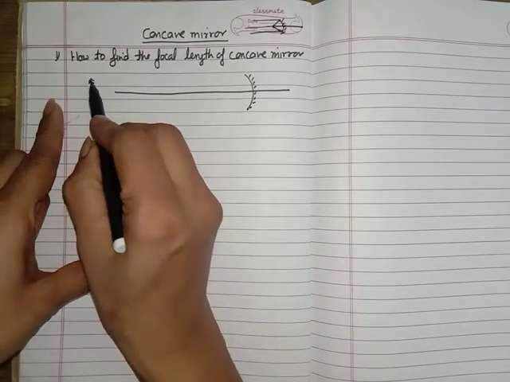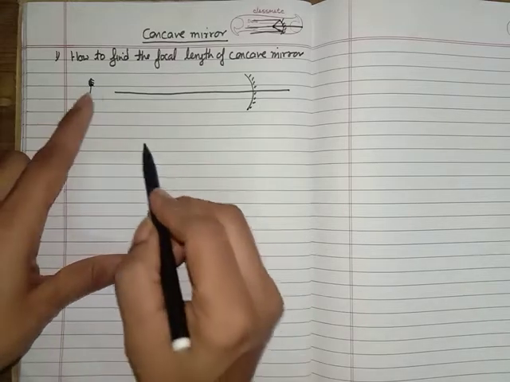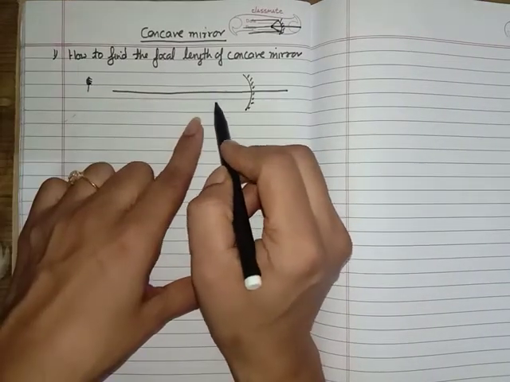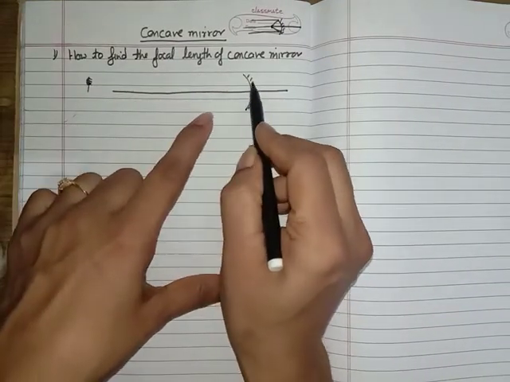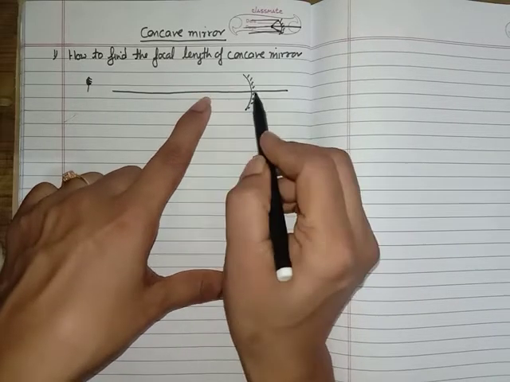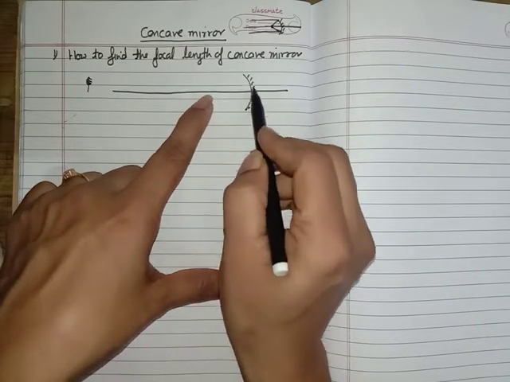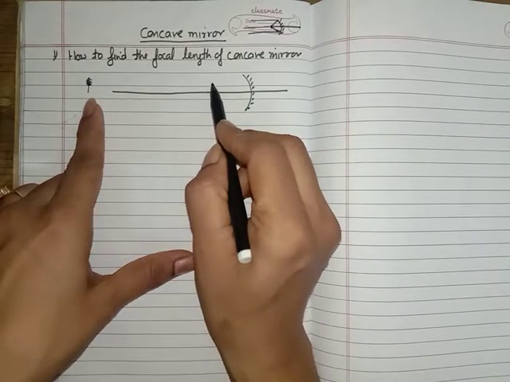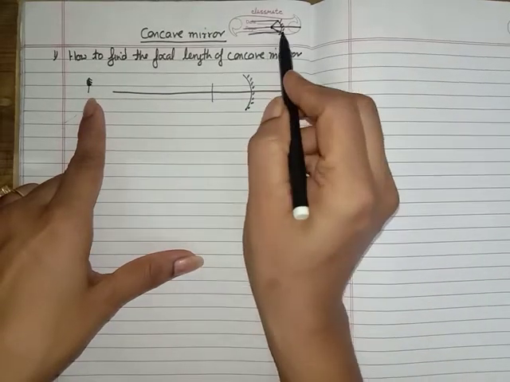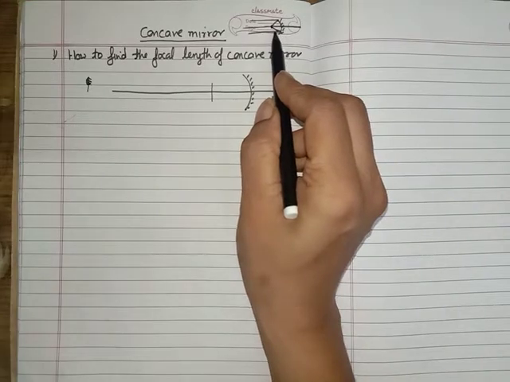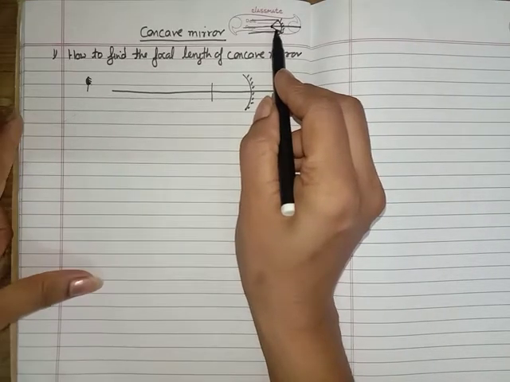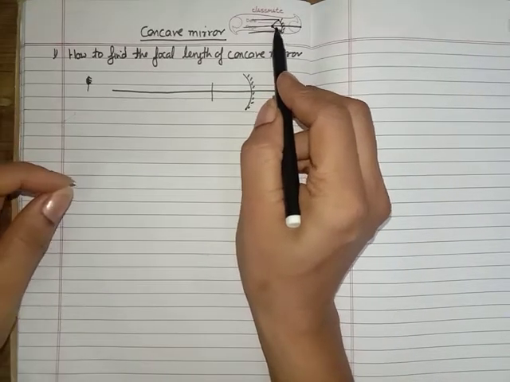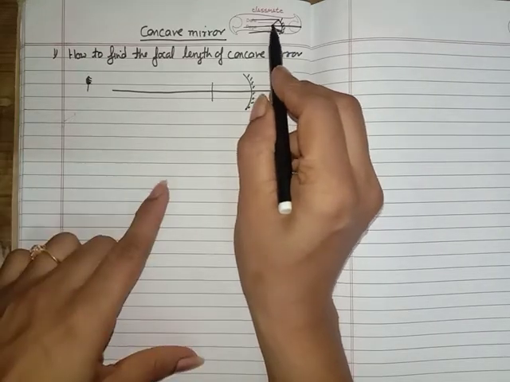This is a tree, suppose, and we are using a screen here. You can also use a scale to find the focal length. Suppose this is a scale where you place this mirror, and this is the screen. You know the image formed by the concave mirror at the focus is a real image, and a real image means an image we can obtain on the screen.